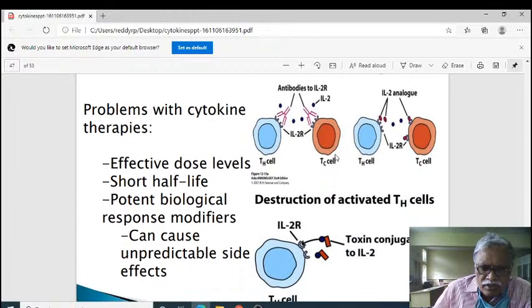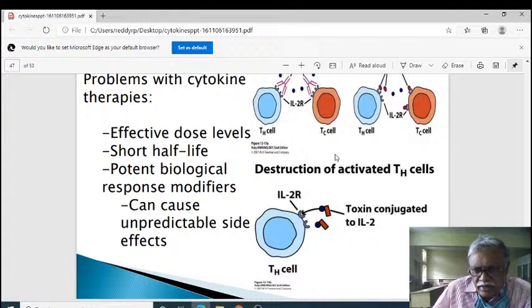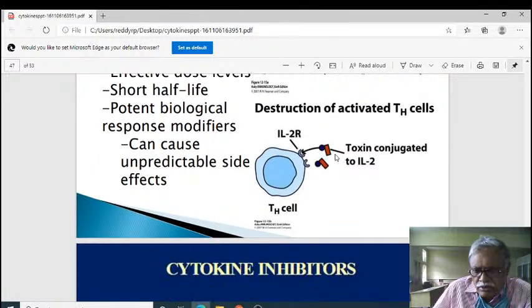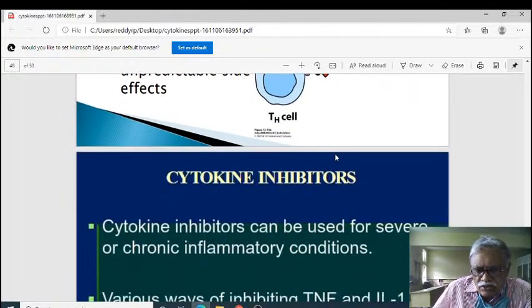The problem is the effective dose levels and short half-life, and potent biological response modifiers can cause unpredictable side effects. Destruction of activated T helper cells results because the interleukins attach to the target cell membrane.